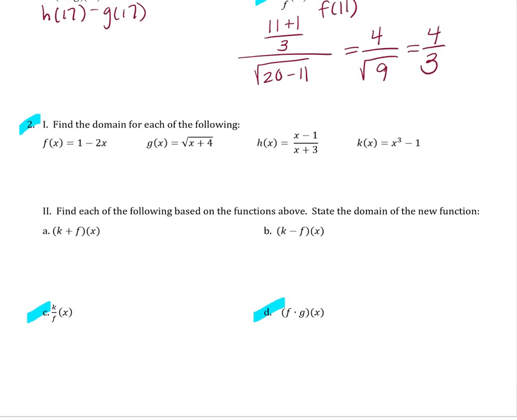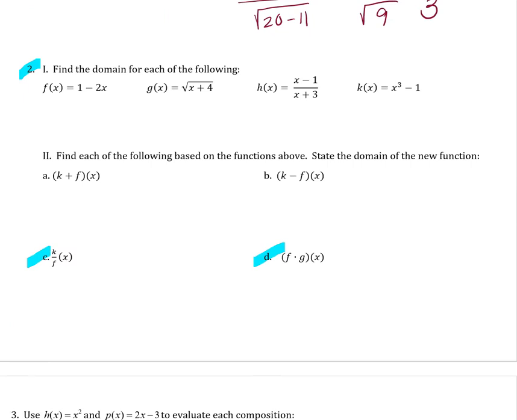I could ask you the domain of each of the following functions and then ask you to do composition work with them as well. So starting with f of x, 1 minus 2x is just a line. And we know a line has a domain of all reals. This is a square root function. What it looks like is a square root function that's been shifted to the left 4 units.